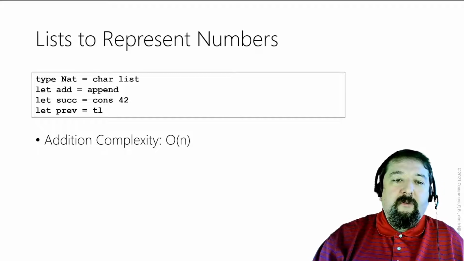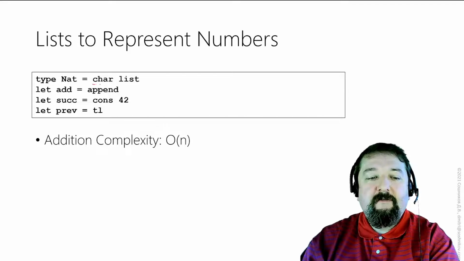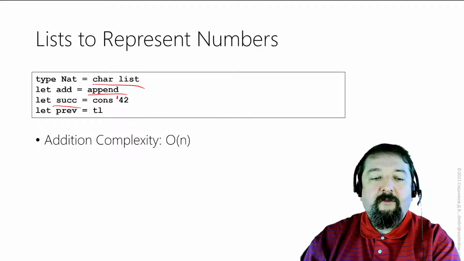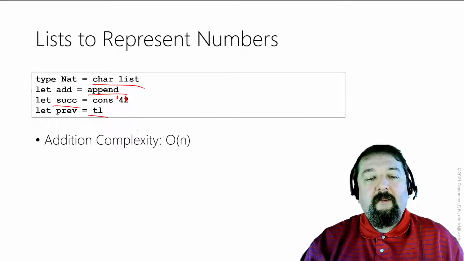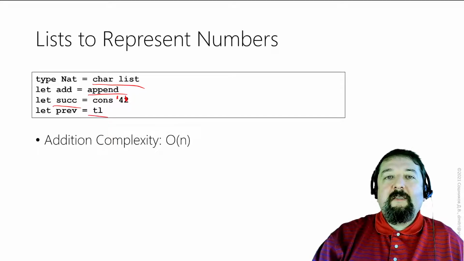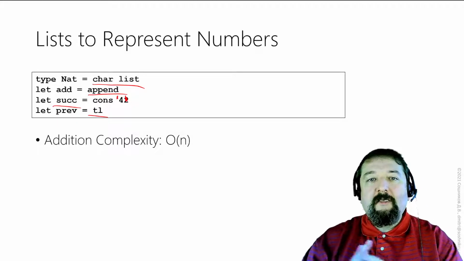So for example, we can say that type nat is just list of characters. In this case, add would be append, suc would be some kind of cons of some character, let's say 1, and previous element would be tail. So here we see that this natural numerical system is similar to lists.